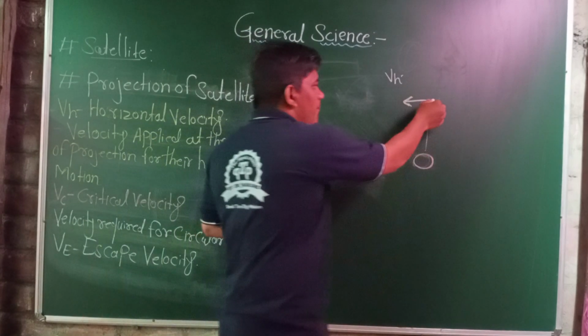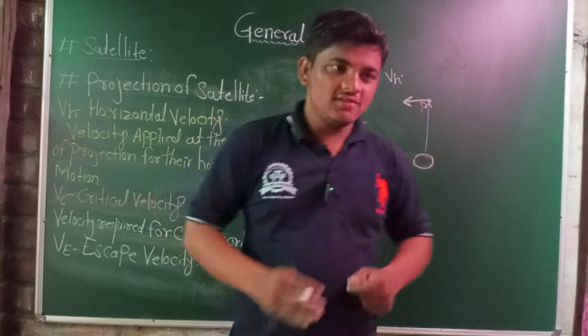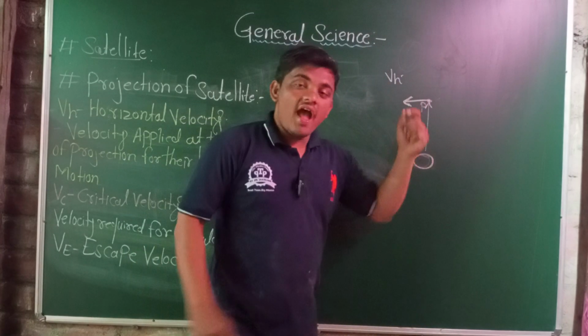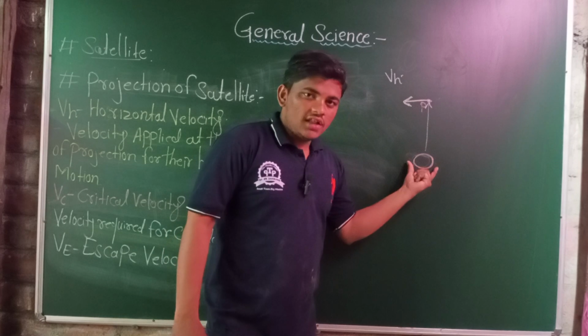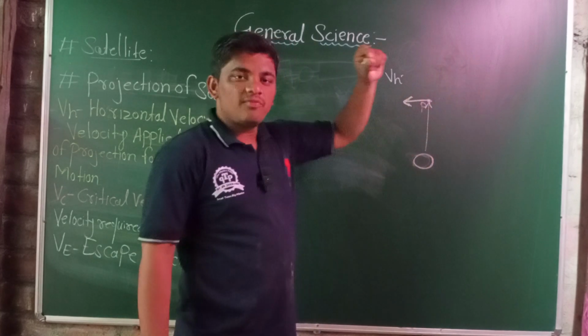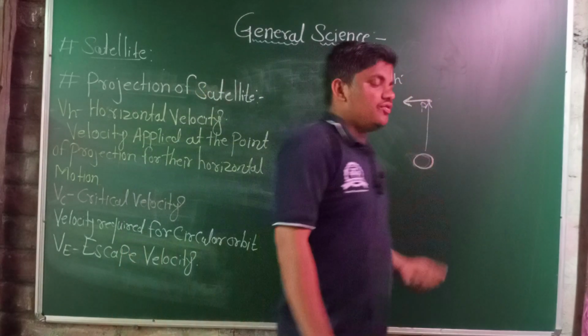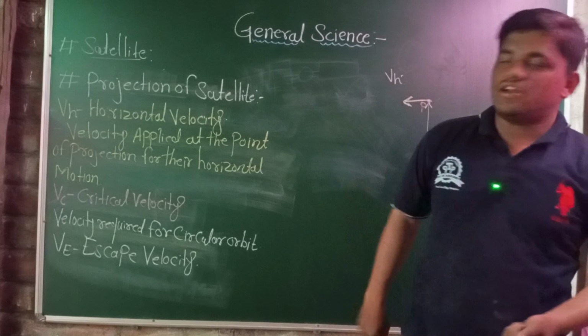If we do not apply velocity after making the direction horizontal, then the earth applies an attractive force, known as gravitation. It pulls the object towards the earth, and it comes back to the surface of the earth.